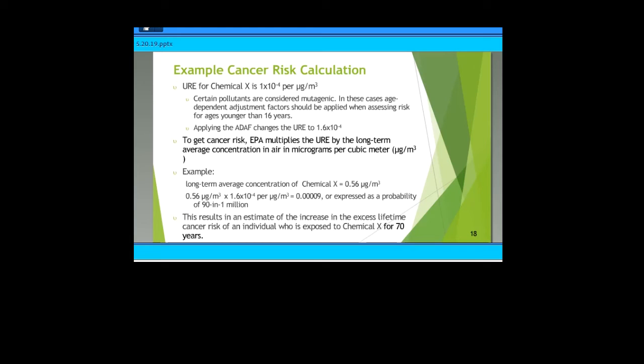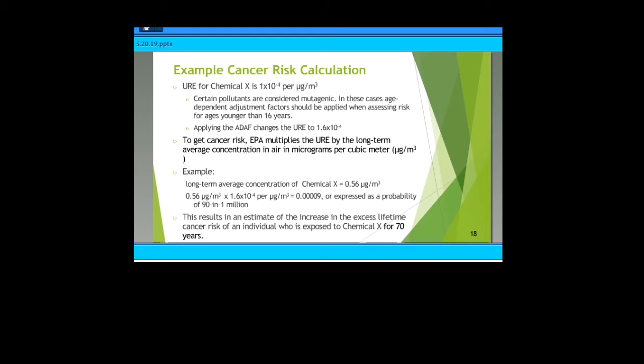Okay, so we still have some confusion on how to do the risk adjustment factors for the age group. I think people are getting confused with the math. Amy, do you want to walk through that a little bit? Sure. As Kelly explained, we separate out the different age ranges, and for ages 0 to less than 2, we apply an additional protective factor of 10 to the unit risk estimate.